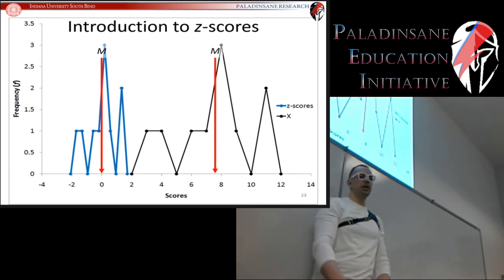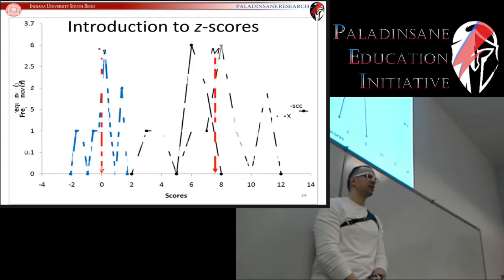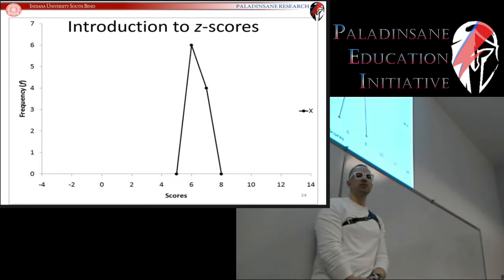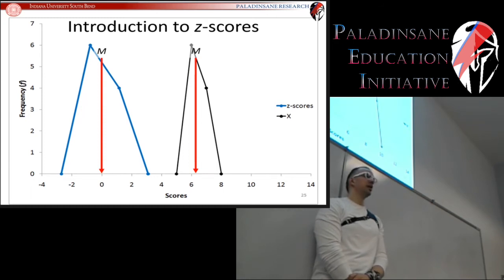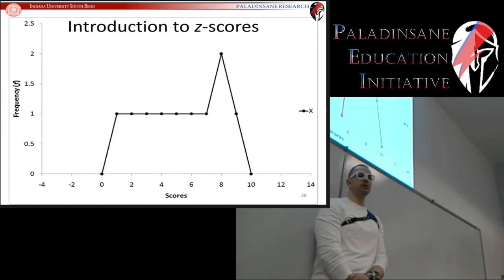And you can do this for every single set of raw scores out there. If you have raw scores that look like this distribution here, they're going to have a mean and a certain standard deviation, a certain spread, and a z-score will transform those scores so the new mean is equal to 0 and the new standard deviation is equal to 1. If you have a distribution that looks like this, it'll have a mean. You can calculate the balance point.